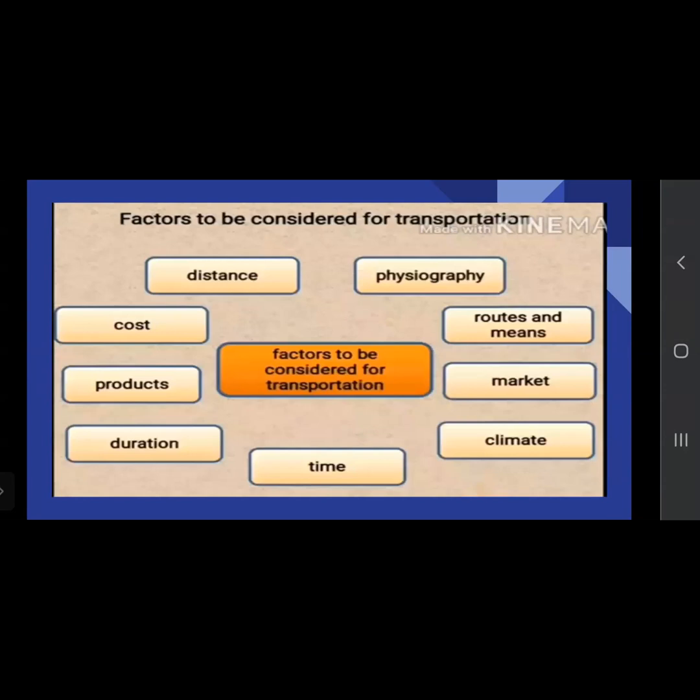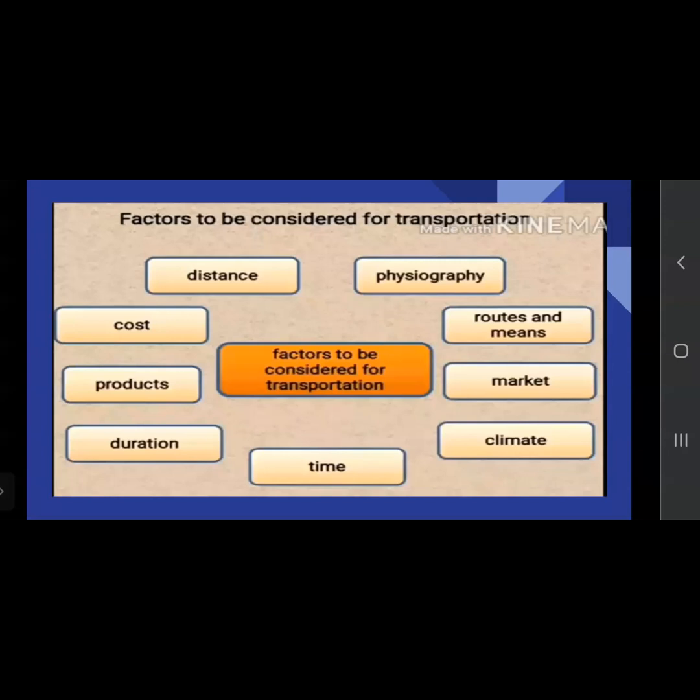Okay, now the factors to be considered for transportation. Which factors are very important for transportation? First thing is the distance. How much distance you have to go to reach your destination, you should estimate that first. Then physiography. Physiography is the structure, the different structures of the landforms.